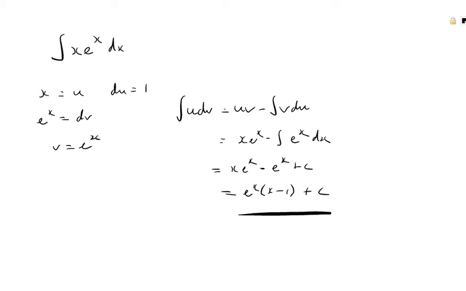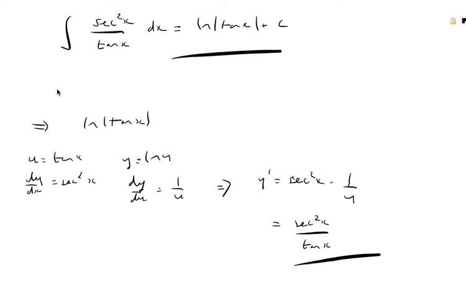Okay, next up, this division integral. What we need for this specific function is the numerator to be the derivative of the denominator. The derivative of tan x is sec squared, and look, there you go. If you integrate that, we just get log of whatever the denominator is. That's the only kind of integration with a division in it that you do at A level.